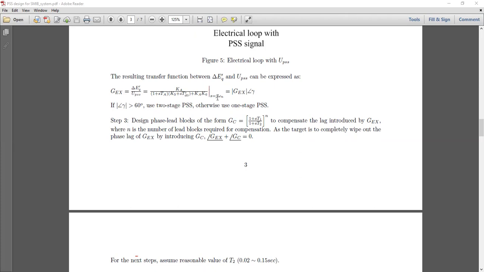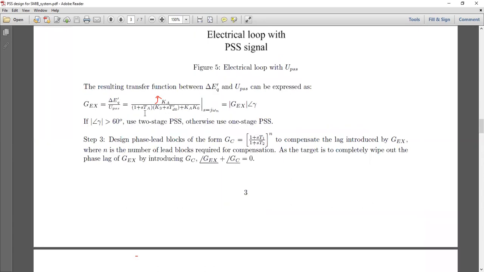Now this transfer function has to be evaluated because you see the presence of S here, and we all know that S is nothing but j omega. But this j omega is not any arbitrary omega.